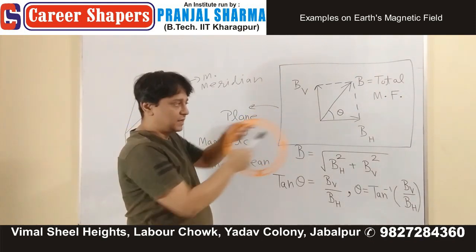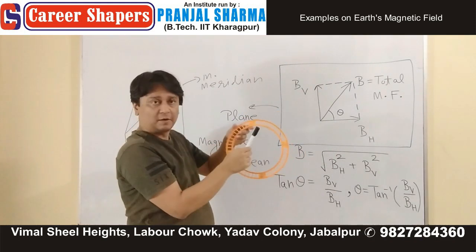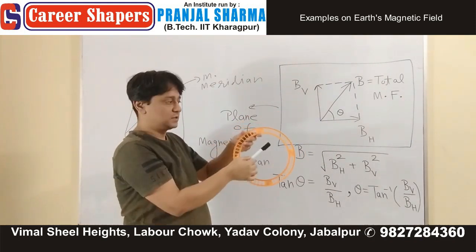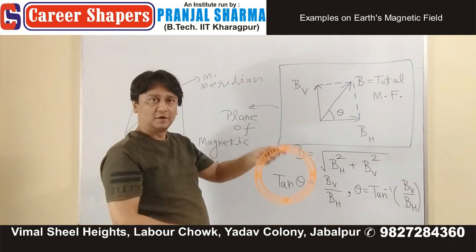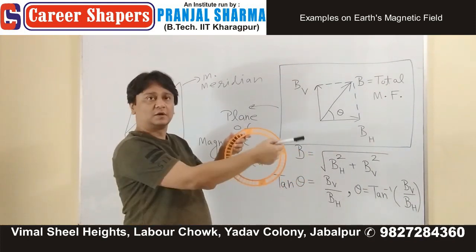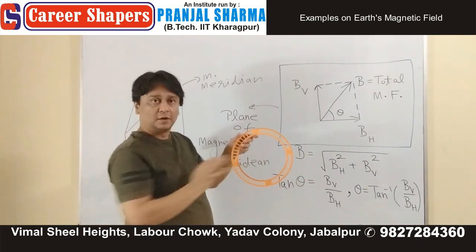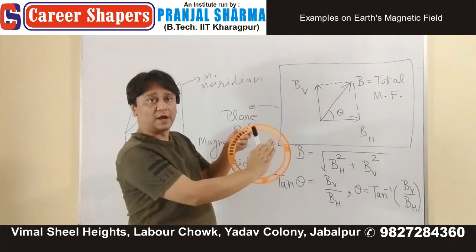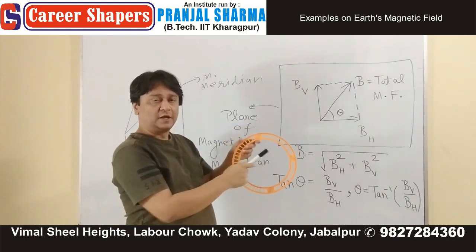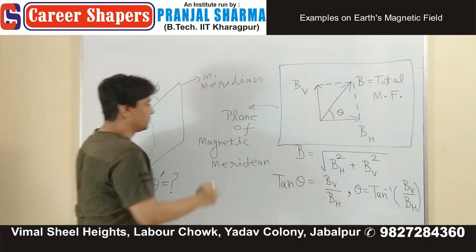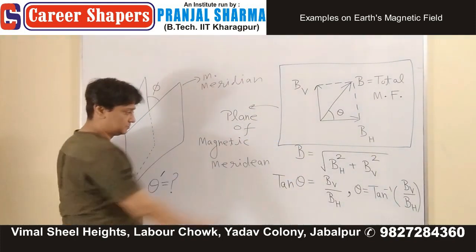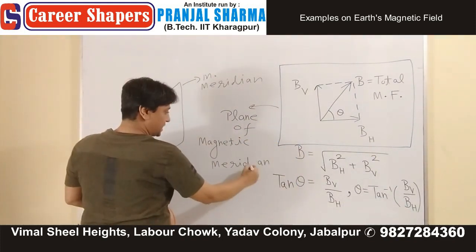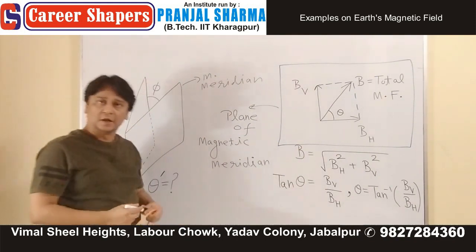If I keep the magnetic compass in a vertical plane which aligns with the magnetic north-south line, in short, it is called the plane of magnetic meridian.